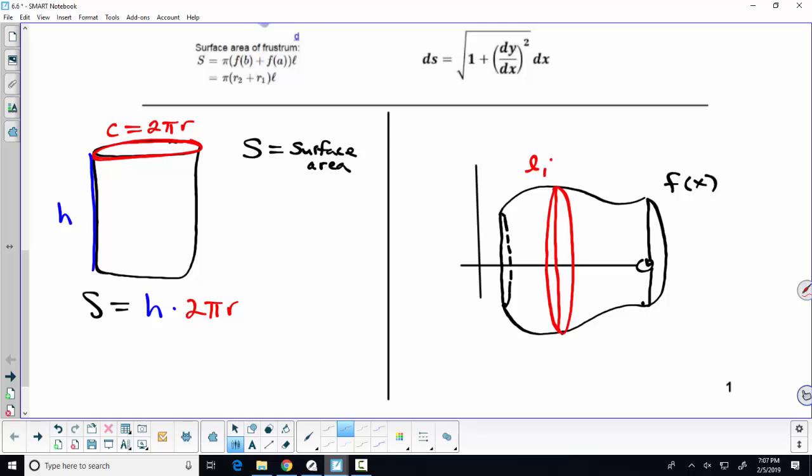So we'll say that first length is again the circumference of the circle, 2 pi r, and then the length it's sort of extended through, just like this linear length was h. The length we extend that through is the arc length. So this is taking the place of a linear height.